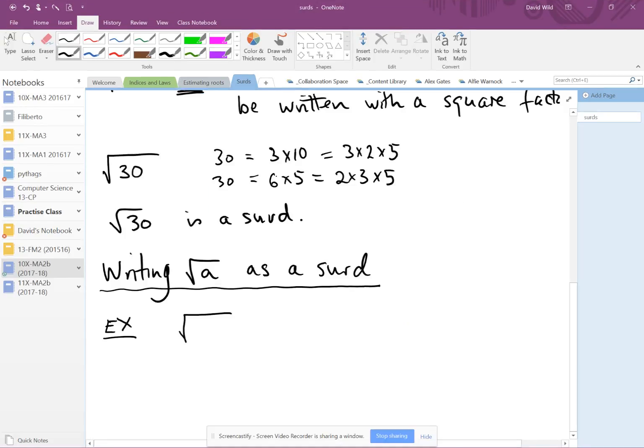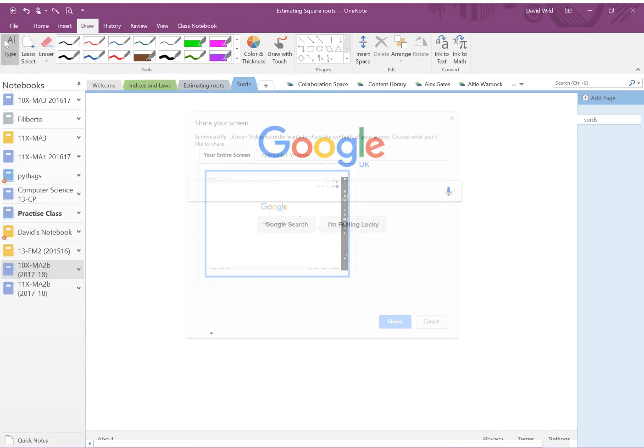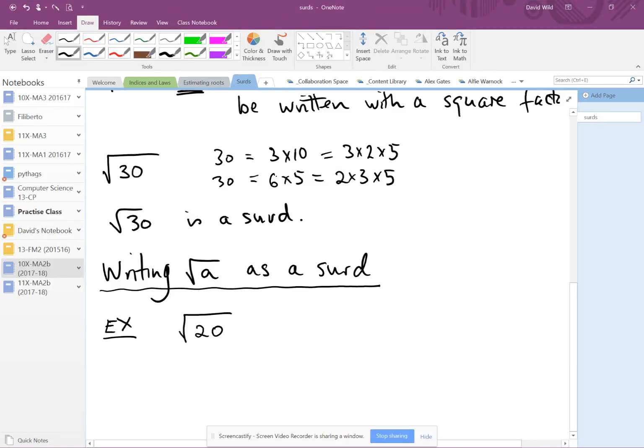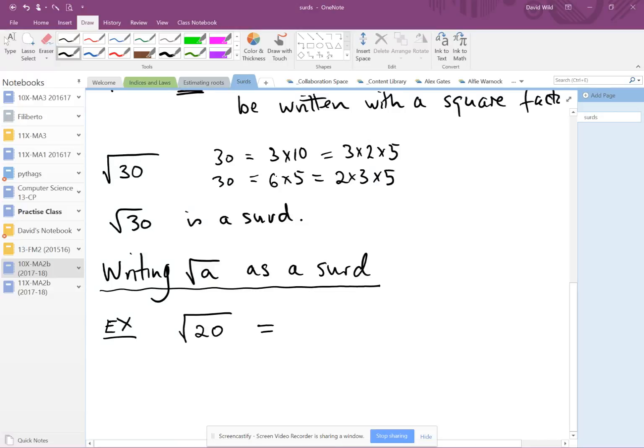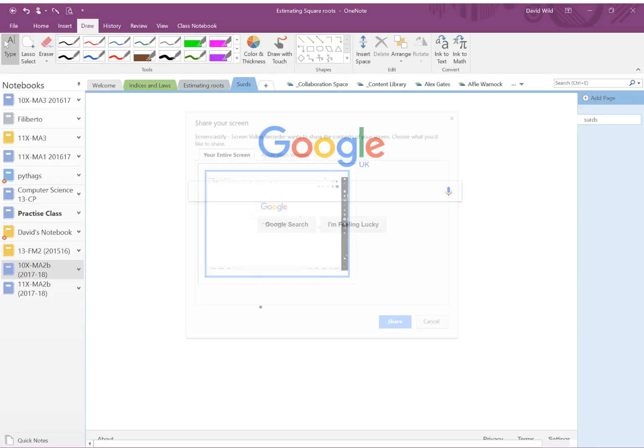Let's start off with our root 20. And what we're trying to do is to get the highest possible square number as factors. So get as large as possible square factor. That's what we're trying to do when we do this.